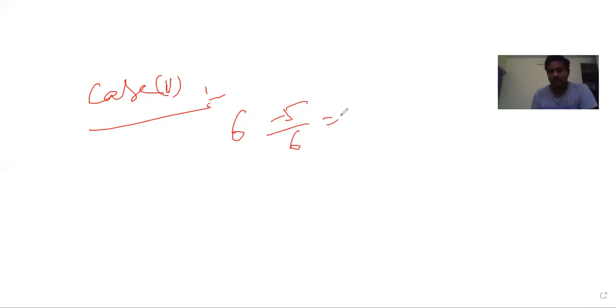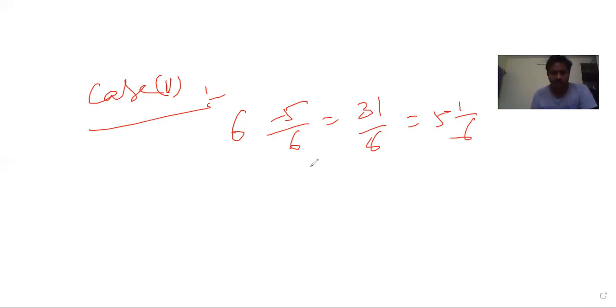Next case, case 5. In this case, we mainly discuss values in the form of 6 minus 5/6. Actually, if we convert this value, 6 sixes are 36 minus 5, 31/6.